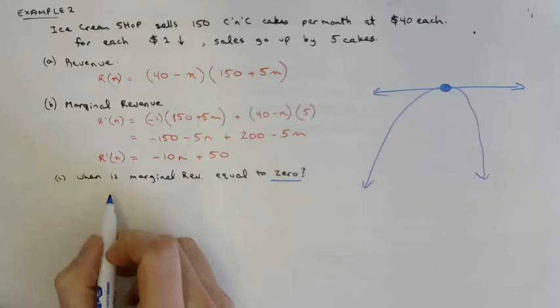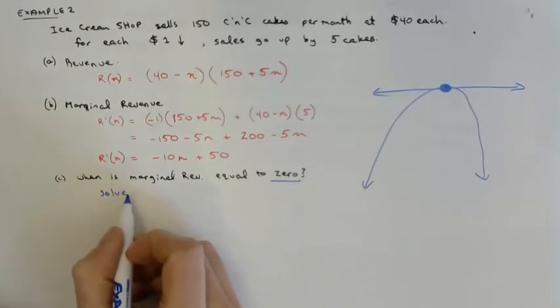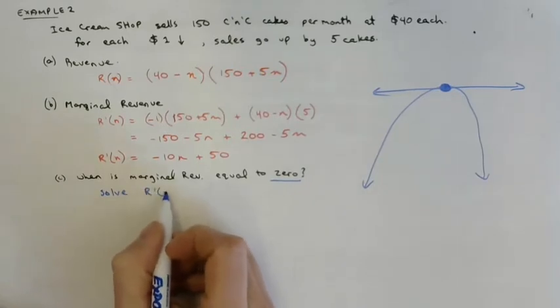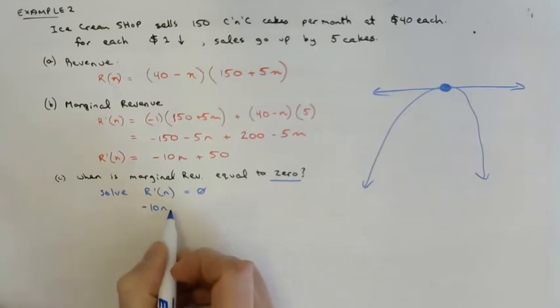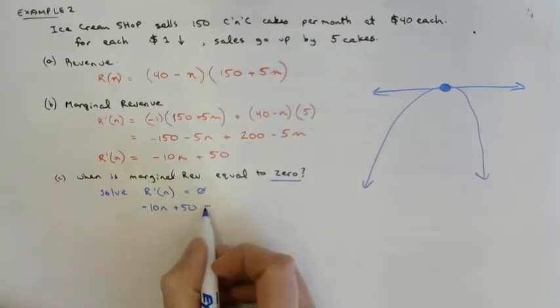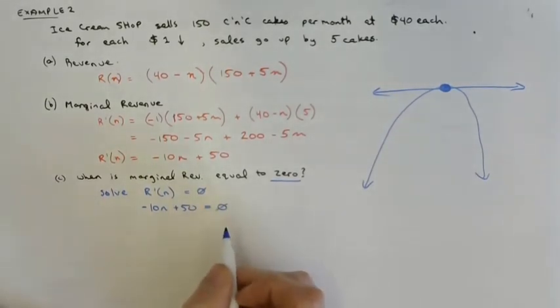So we're going to solve the derivative function. Solve R with respect to n equals 0. So -10n plus 50 equals 0.